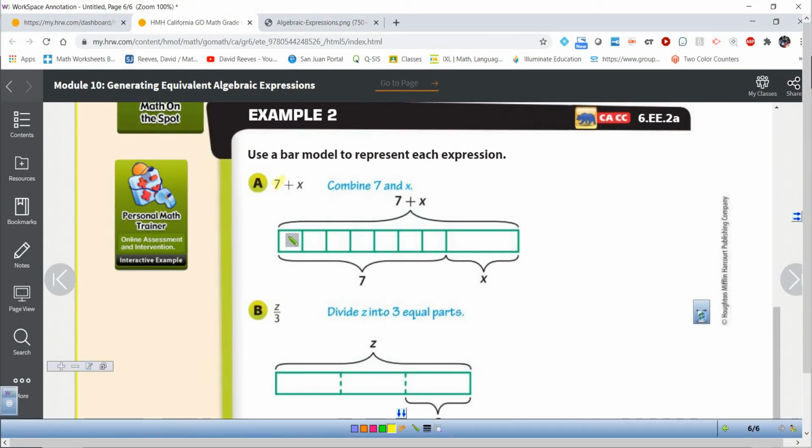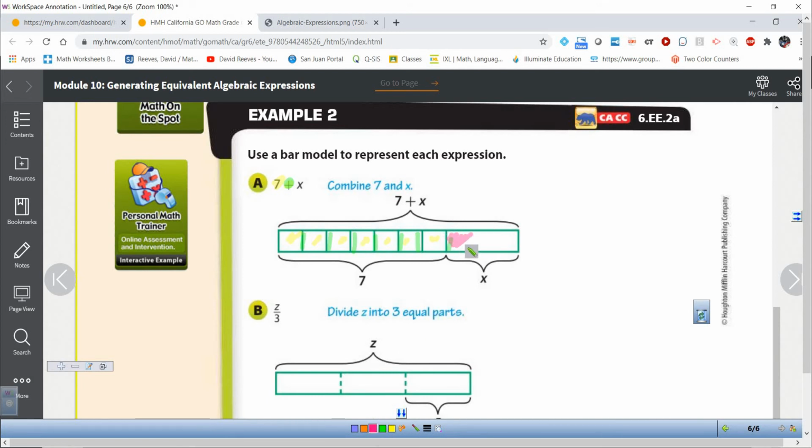We know what that is. So there we go, 1, 2, 3, 4, 5, 6, 7. 7 plus, and plus tells us we're going to put them together on the same bar. What are we adding to it? We're adding x.